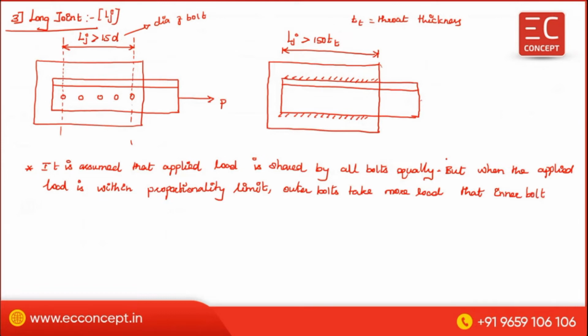That means the assumption is that all bolts take load equally, but within the elastic limit or proportional limit, the outer bolts take more load than the inner bolts.